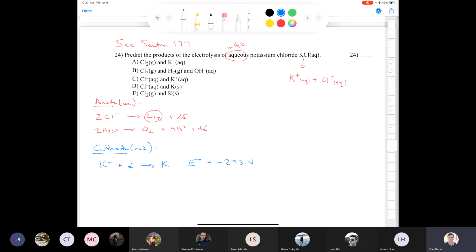Whereas if you look at the reduction of water, which is 2H2O plus 2 electrons gives you H2 gas plus 2OH minus, you see that the standard reduction potential is, shoot, did I not write it down here? It is negative 0.8277 volts.